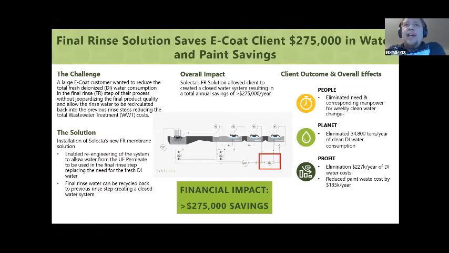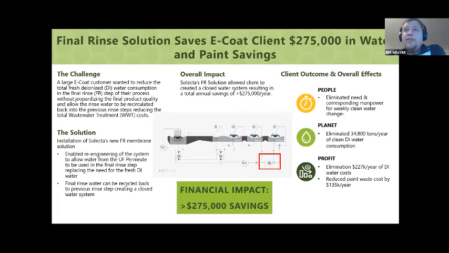So in this case, there was a large client that wanted to reduce their fresh DI water consumption without jeopardizing the final product quality. And really what we were able to do, from a holistic point of view, was look at the process and develop a new product that works in this process to make this an entire closed loop system.